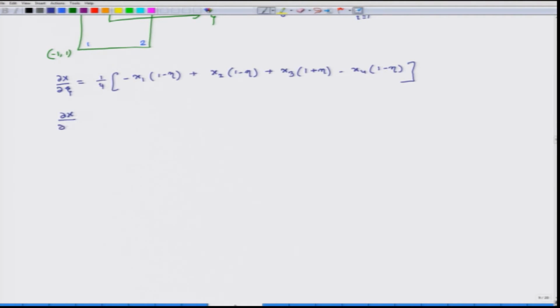Del x over del eta is equal to 1 by 4 minus x1 minus x2 plus x3 plus x4.